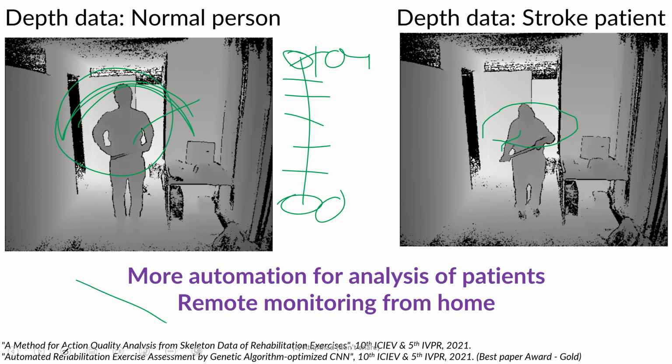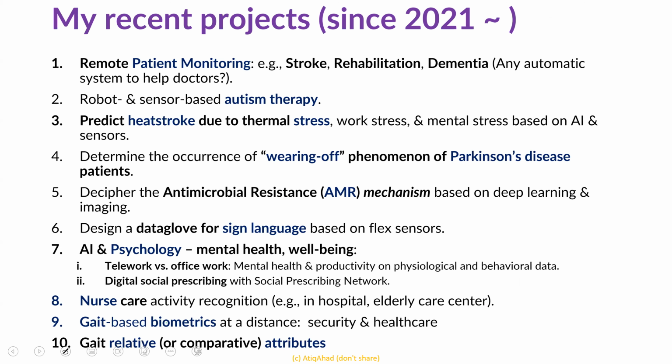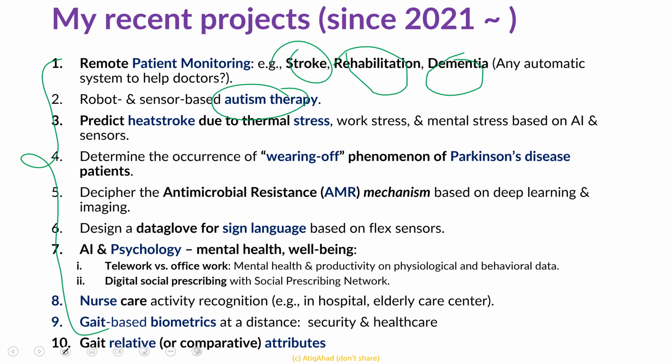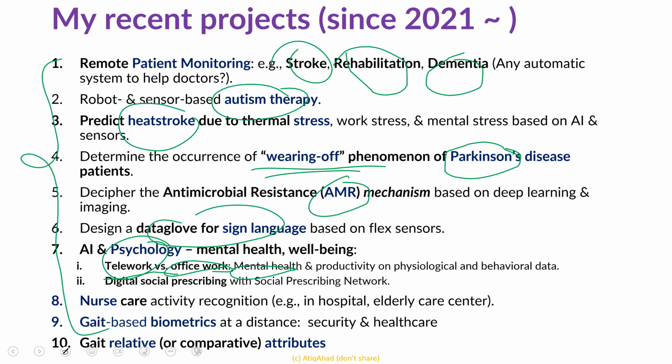So remote automation for analysis of patients, and remote monitoring from home, are very important. We have different activities in remote patient monitoring, like stroke rehabilitation, dementia or Parkinson's disease, autism, predicting heat stroke due to thermal stress, Parkinson's disease patients, antimicrobial resistance, sign language, and AI and psychology related to mental health and well-being, like when we work from home versus work from the office, what is the effect on mental health as well as productivity, and how these are connected.